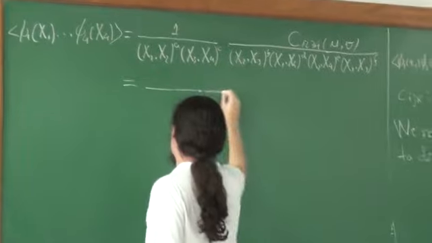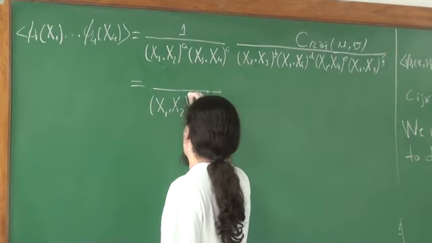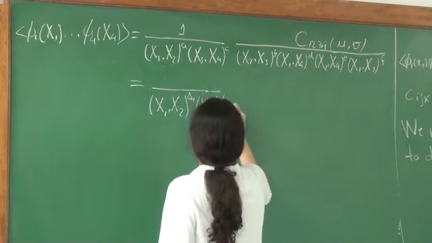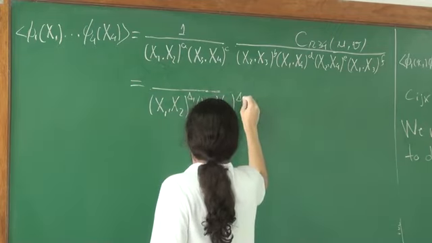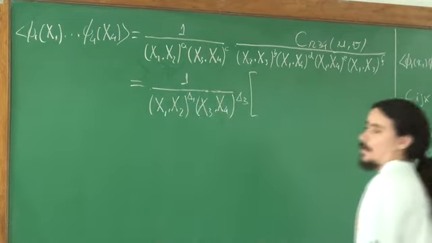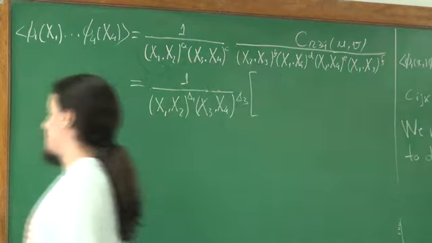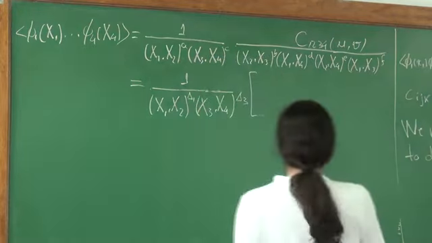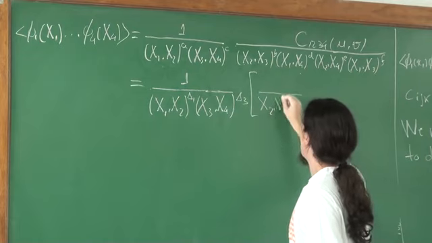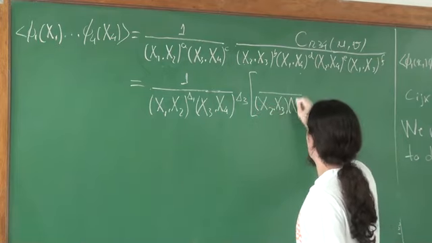Well, this guy, his first factor is just x1, x2 to the power delta 1, say, delta 2, doesn't matter. This guy will be delta 3, say. Now, this guy here, I'm going to put a square bracket like that. We have that B equals Z. So let's put these guys together here: x2, x3, x1, x4.